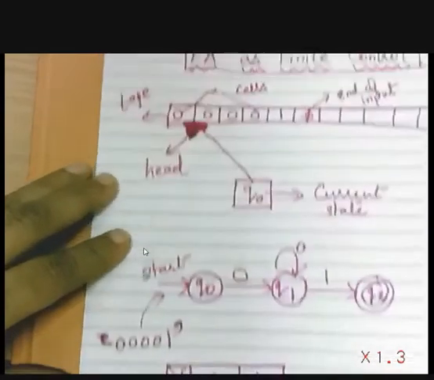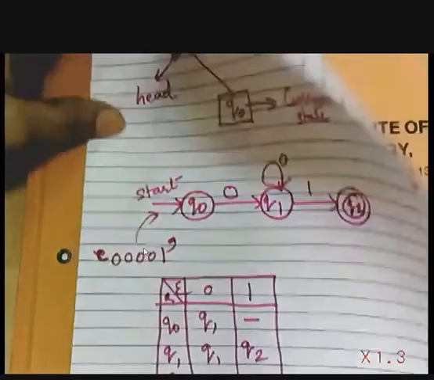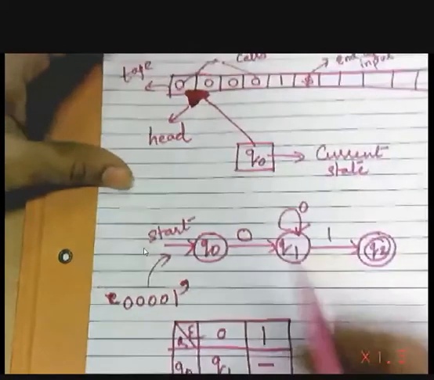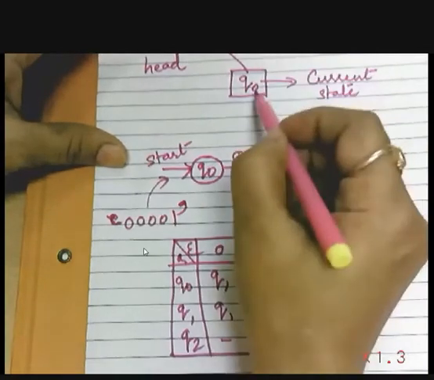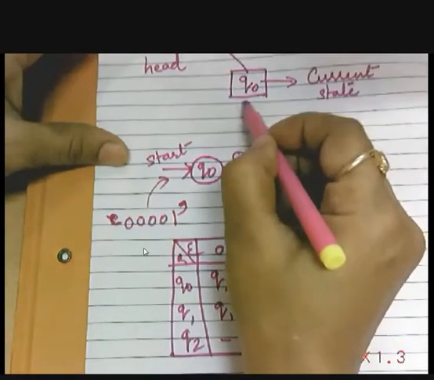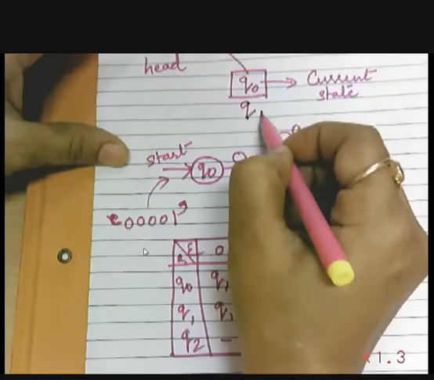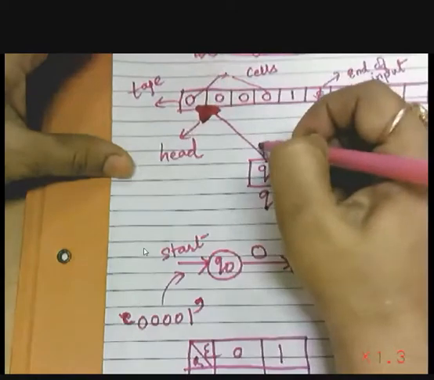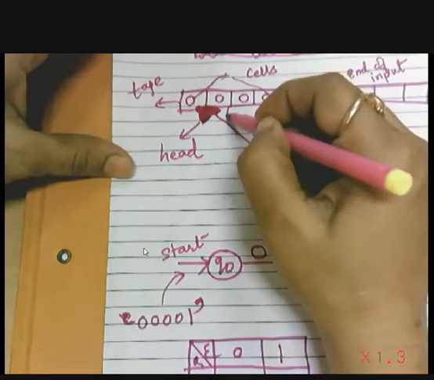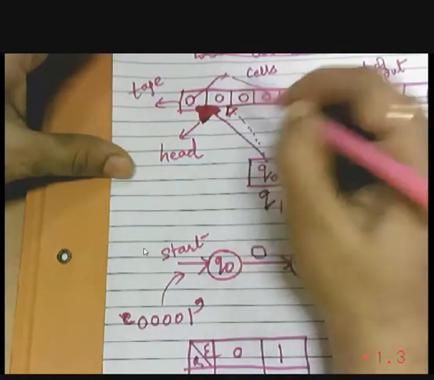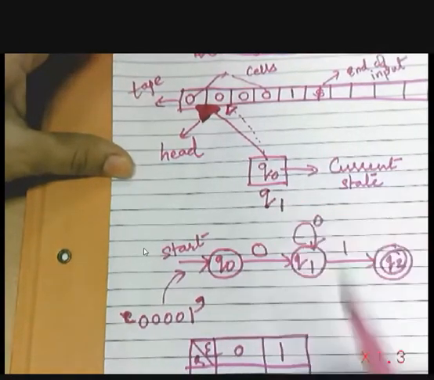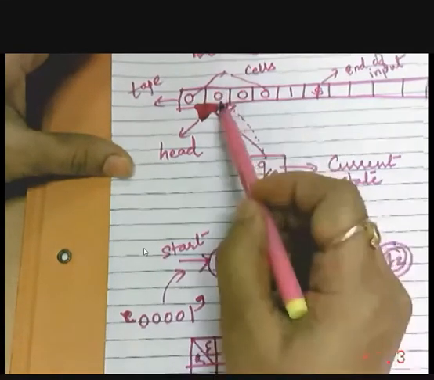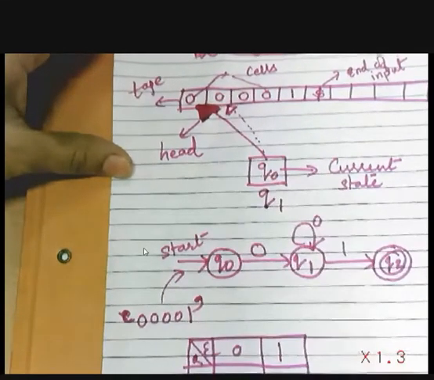Now if this is my finite automata, I check Q0 on 0 moves to Q1. So my current state becomes Q1, and my head will now point to the second symbol. Now my current state is Q1 and my next input symbol is 0.